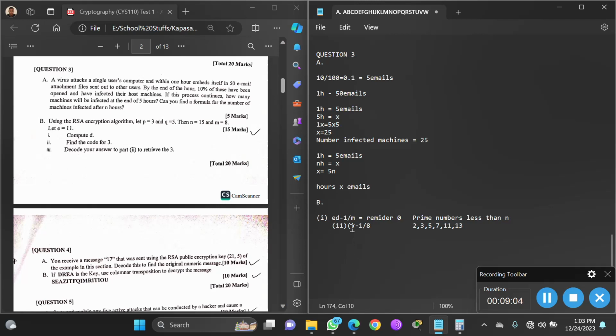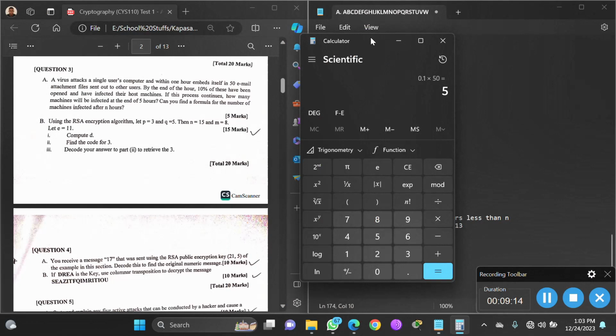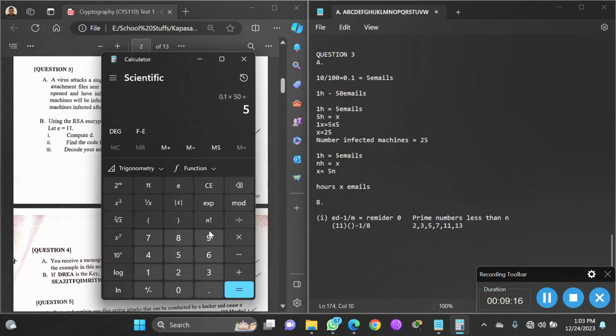After computing this, when we get a remainder of 0, it means that that's our D. So let's do that. We go on the calculator. As you can see, we have 11, then times D, which we don't know.